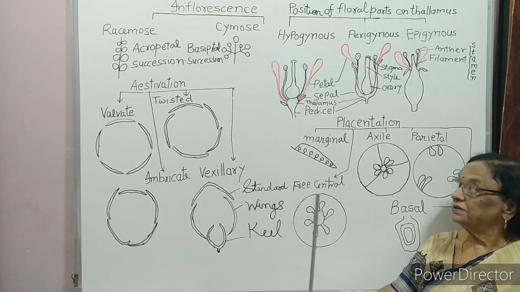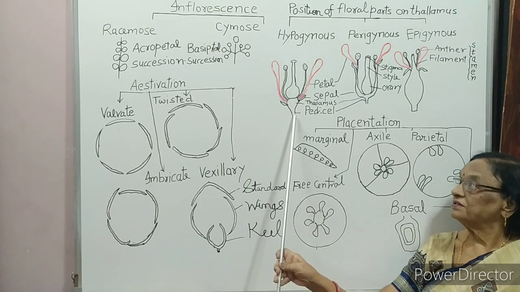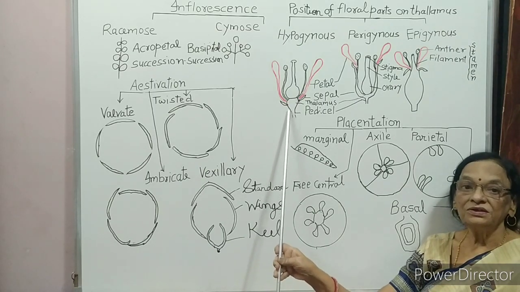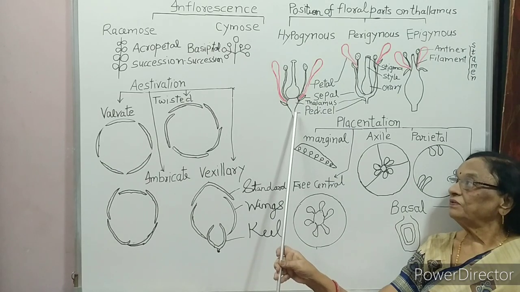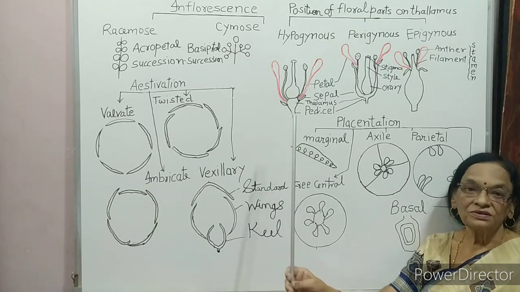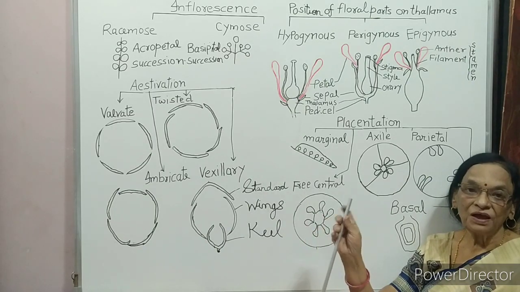Now what is a bract? A flower has a small leaf-like structure at its base that is called a bract.